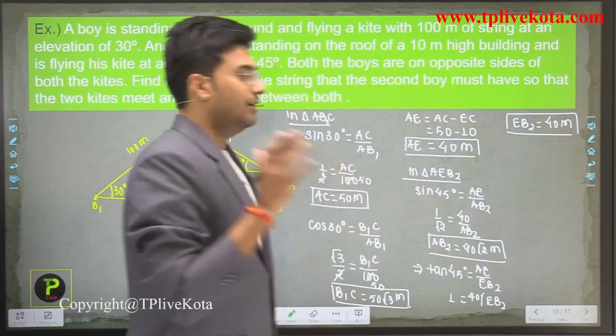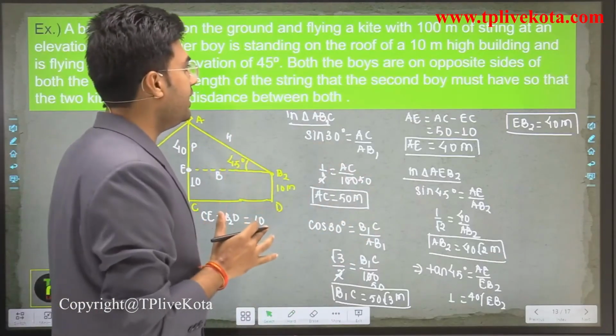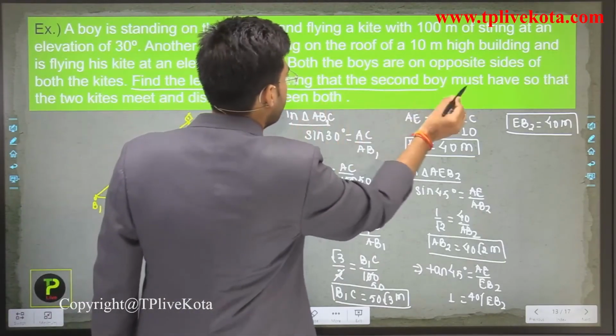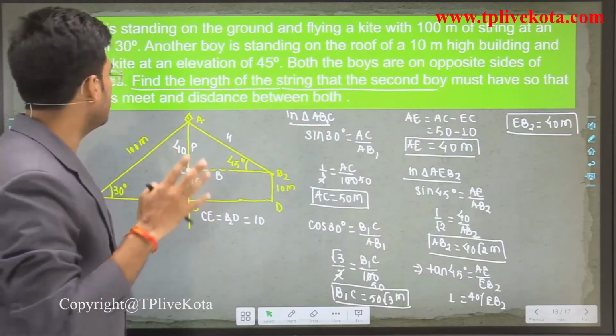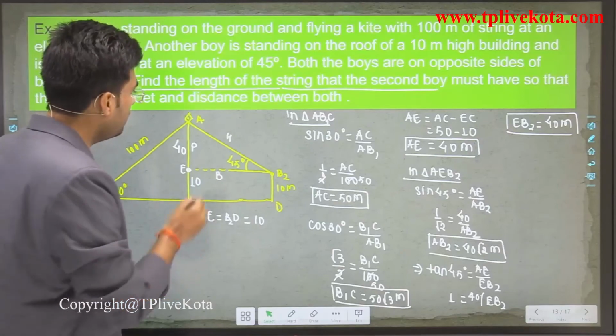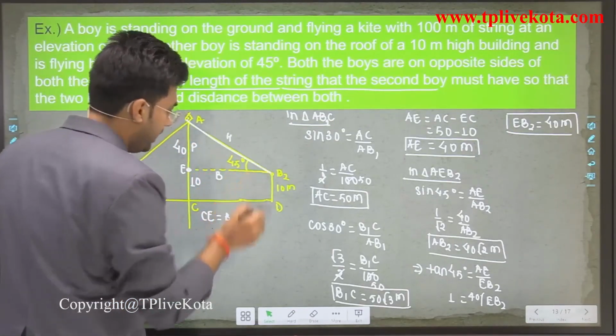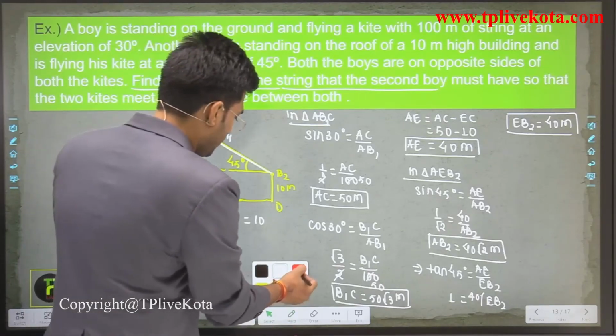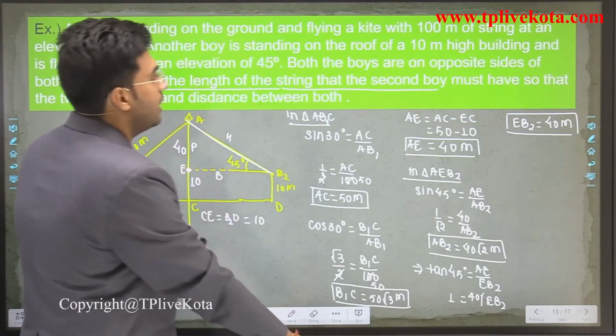So now what we have to find here, students? We have to find the length of string that the second boy must have so that the two kites meet. So this is AB2. So the answer of first is what?